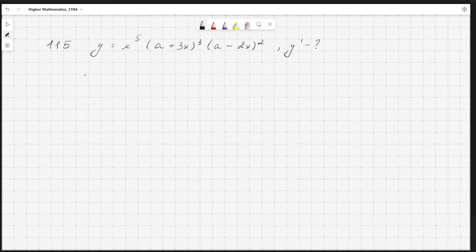We can use logarithmic differentiation. Find logarithm of both parts of our equation. Natural logarithm of both parts.